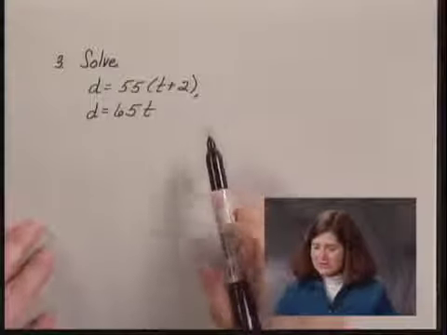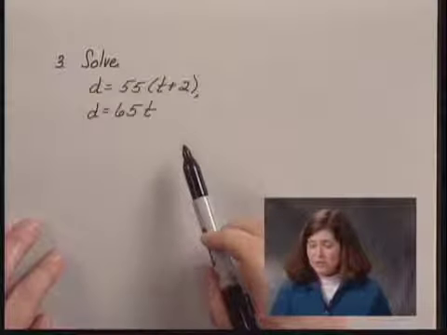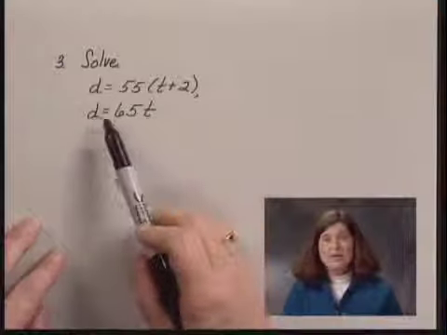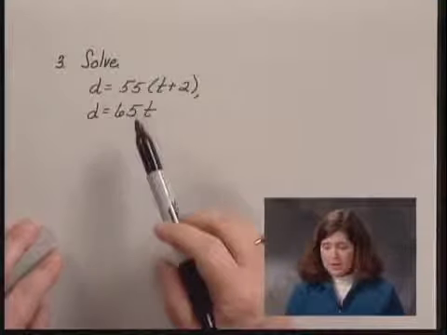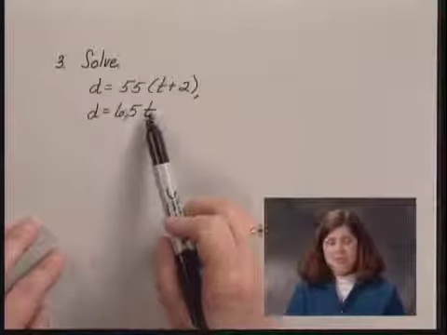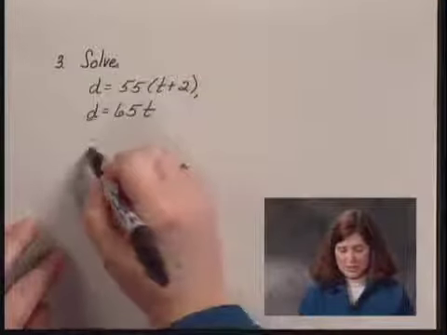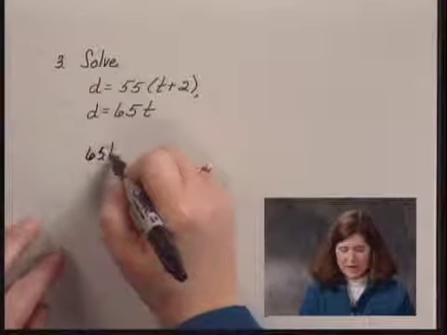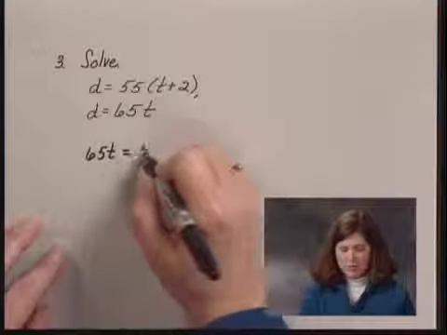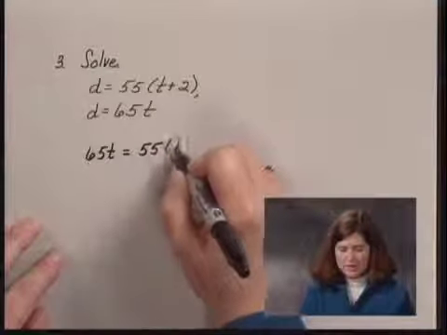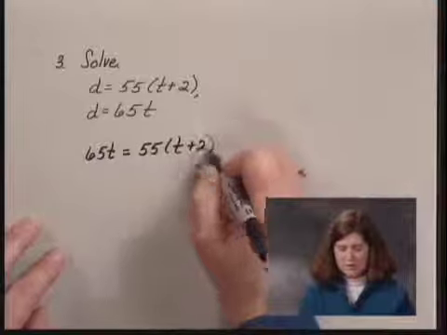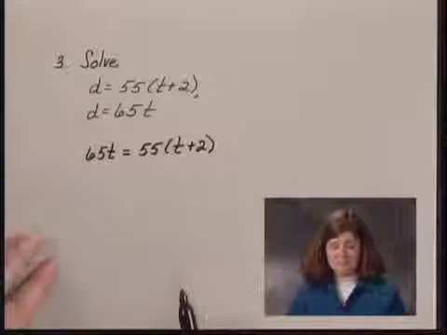To solve this system of equations, I can use substitution. Since D equals 65T, I will substitute 65T for D in the first equation. That gives me 65T equals 55 times T plus 2. This is another way of saying the distances are the same.